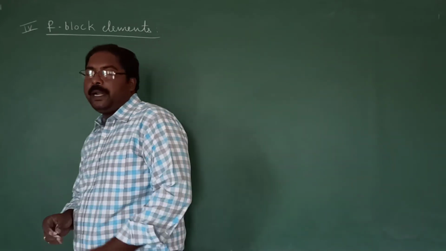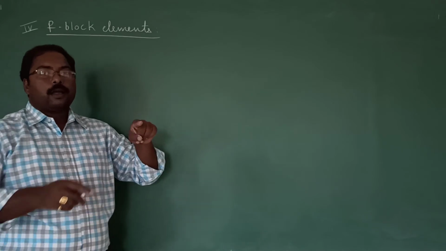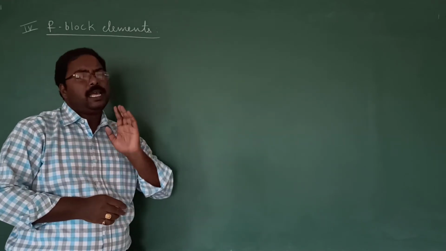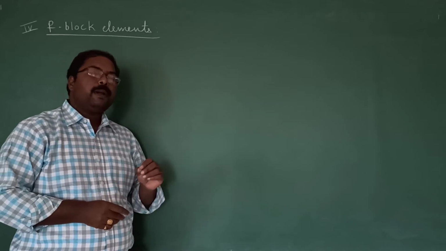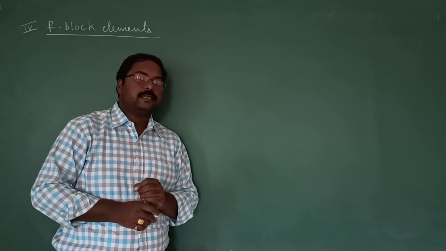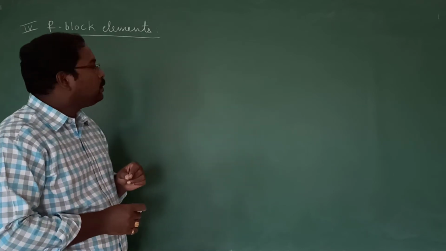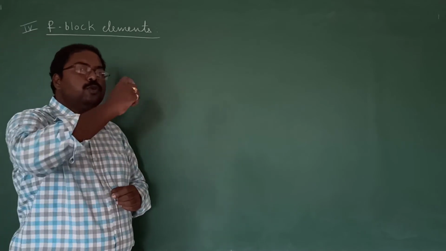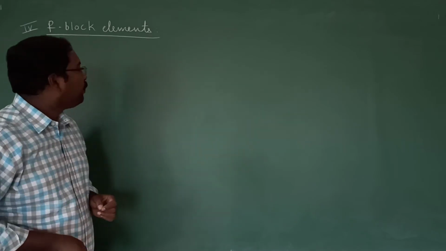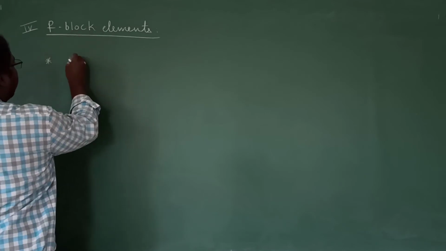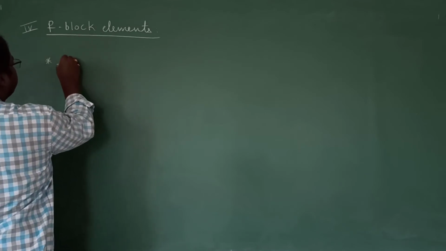Generally, if you observe the periodic table, the F block as a separate block is placed at the bottom of the periodic table. But that is not the correct location of F block elements. F block elements mainly contain two series of elements.